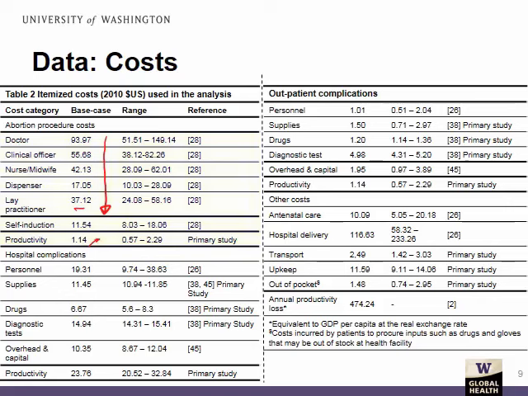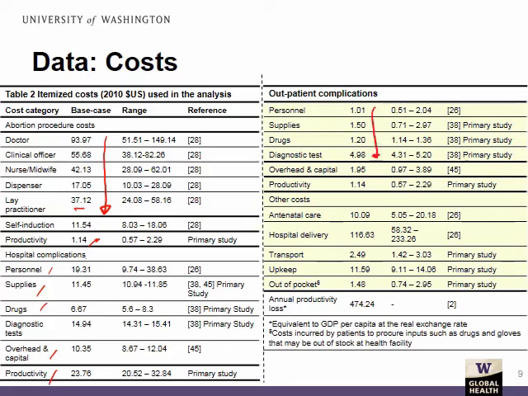And we had the cost of complications here in the hospital. We had personnel, supplies and drugs, and overhead and capital and productivity losses. So we estimated all the different kinds of costs. And then for outpatient complications, we had the same thing here for personnel, drugs, supplies, overhead and capital.